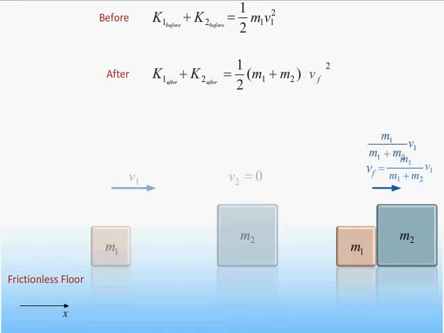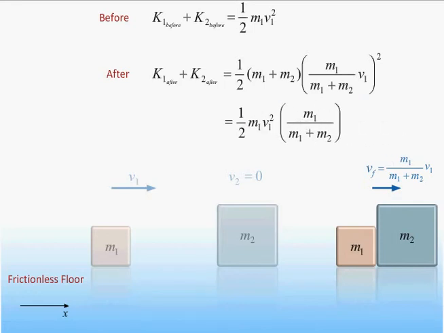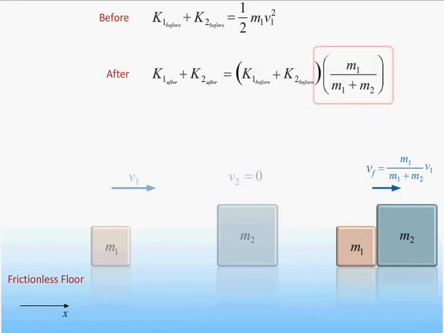On the last slide, we used the conservation of momentum to determine the final velocity of the boxes in terms of the initial velocity of box 1. Therefore, we can determine the final kinetic energy in terms of the initial kinetic energy. We see here that the final energy is smaller than the initial kinetic energy by exactly the same factor that related the final and initial velocities.